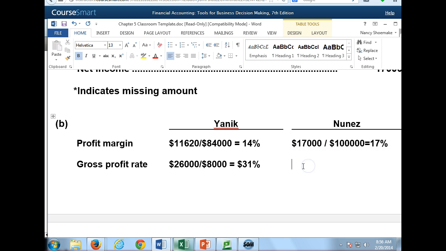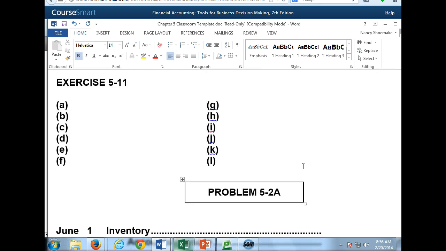And the gross profit rate, 40,000 divided by 100,000 equals 40%. So if there's a question such as, which is going to be higher in a company, the gross profit rate or the profit margin? It's going to be the gross profit rate, because that only takes into account cost of goods sold. Okay? We doing okay there?